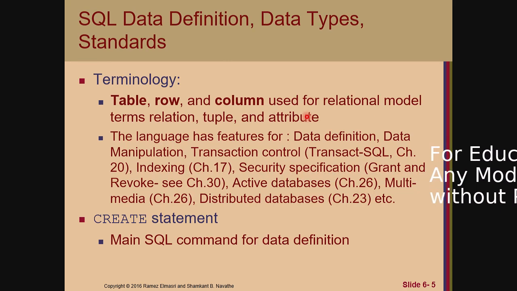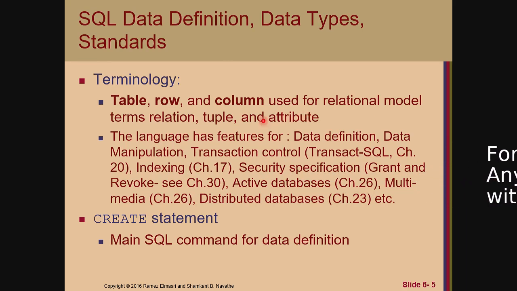and there are several standards that we have to know. The language has features for data definition, to define the type of the data and constraints of the data, and data manipulation: insert, update, delete, or join sets of data, or select the specific data that we want, or answer some questions. Okay, and transaction control, also indexing to speed up search.